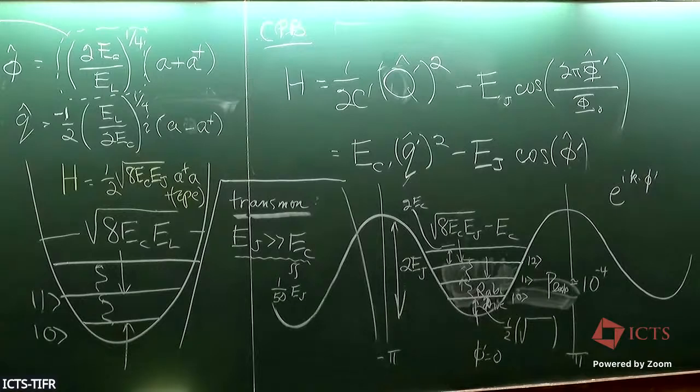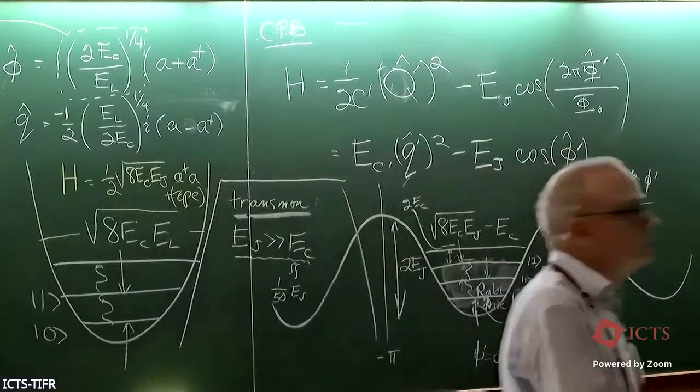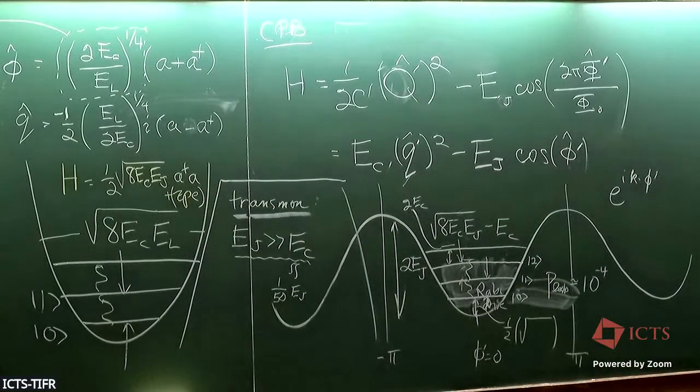Hello, sir. I have one question. So this EJ is greater than 50 EC. This actually makes, I guess, the device less sensitive to the charge noise, and we have more flexibility to deal with the inductive part of the Hamiltonian. I mean, that's what I understand. Is it true?